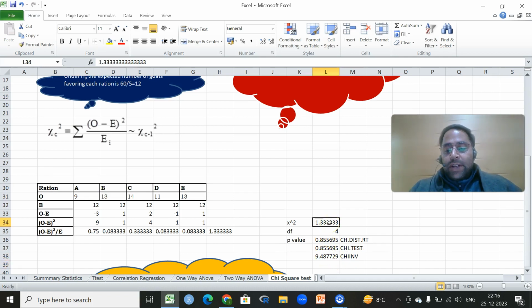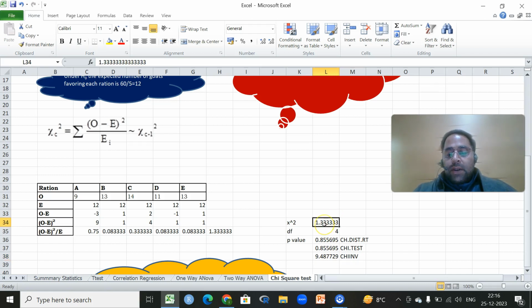Since this 1.33 is our calculated value, when we are doing the test of significance or testing of hypothesis, the thumb rule is whenever the calculated value of any test of significance is greater than its tabulated value, then we have got an evidence to reject a hypothesis.